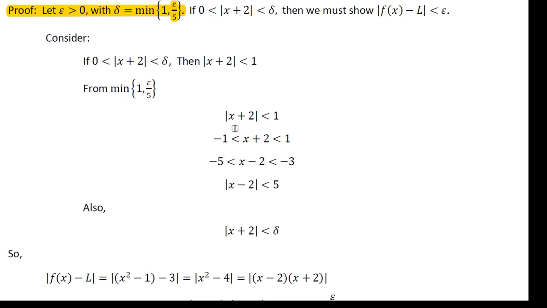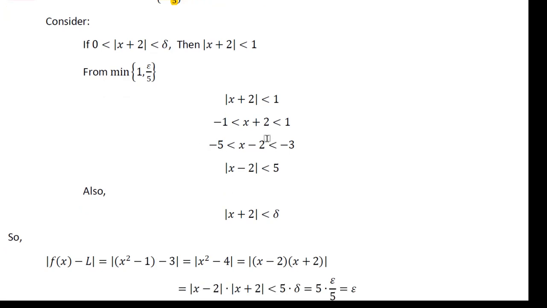So we have the absolute value of x plus 2 is less than 1. By definition, that means that x plus 2 has to be between negative 1 and 1. I subtracted 4 from each term. Now I have the situation where I'm getting to the absolute value of x minus 2 is less than 5.